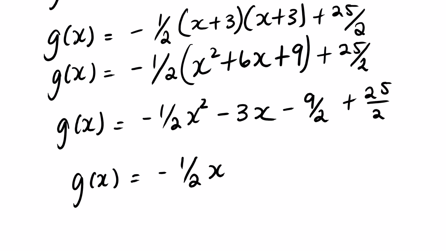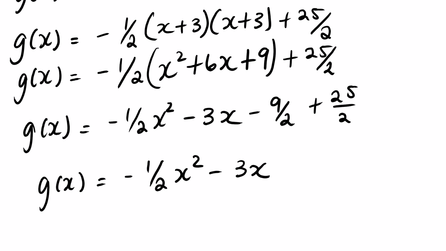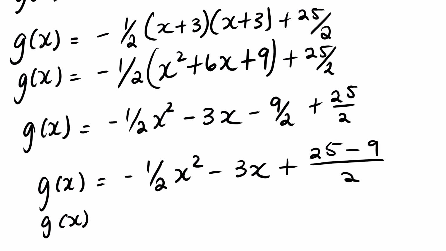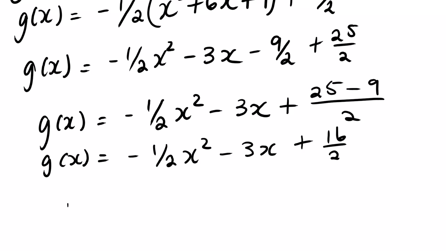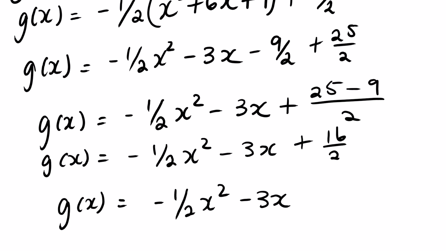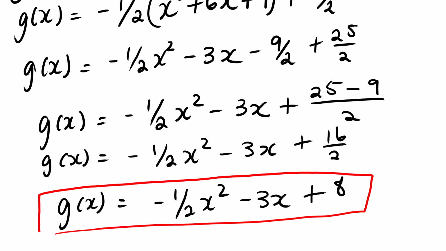This equals negative 1 over 2 x squared minus 3x plus (25 minus 9) over 2, so negative 1 over 2 x squared, negative 3x, plus we have 16 over 2. And then we can conclude that our equation is -1/2 x² - 3x plus 8. We are done with 3.1.